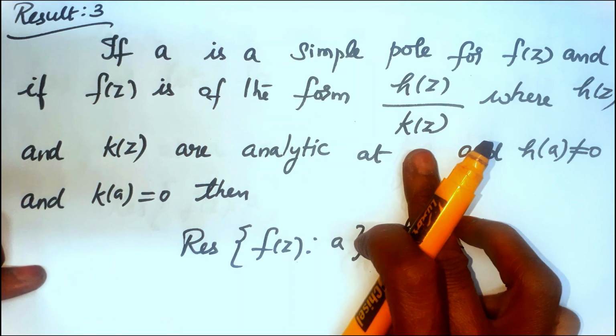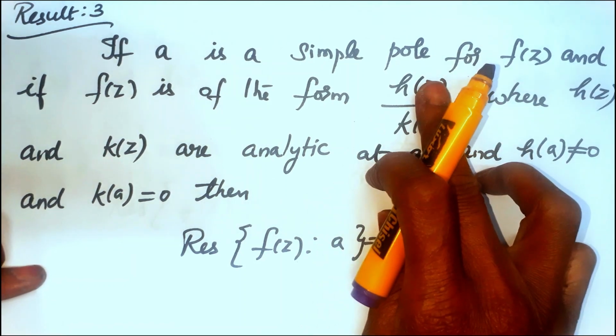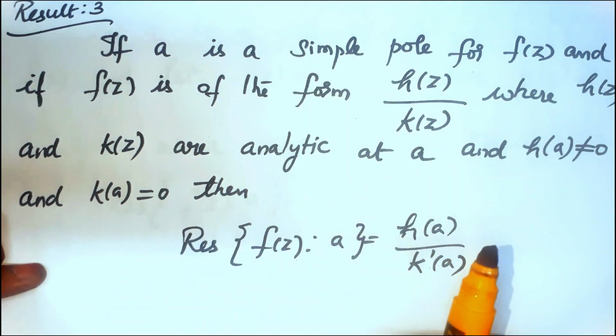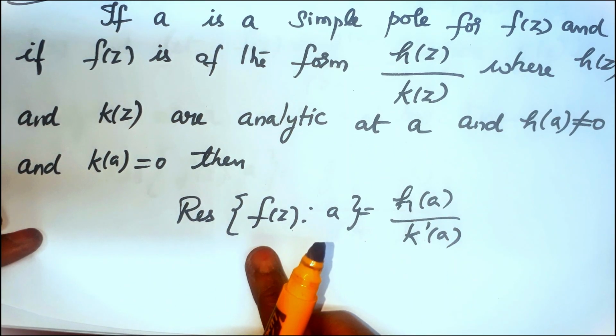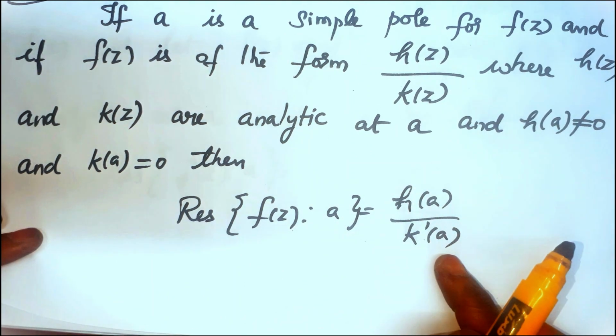When we substitute the respective pole, the denominator term will become 0 and the numerator should not be equal to 0. If these two conditions are satisfied, then we can calculate the residue of f of z at the pole a as h of a by k dash of a.